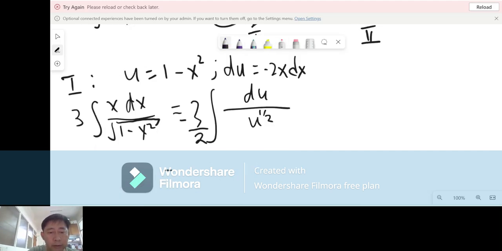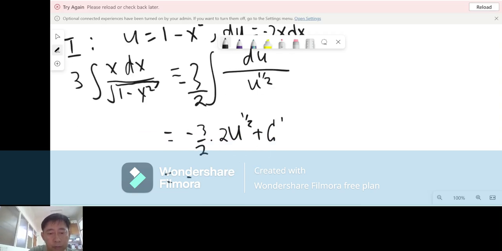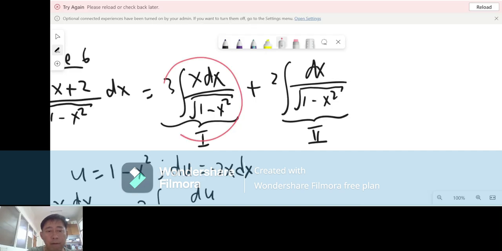This will take us to minus 3 over 2 times u to the power of half with a factor of 2 plus an arbitrary constant, and that reduces to minus 3 u to the power of half plus the arbitrary constant, and we fill in the expression of u, which is 1 minus x squared. So that gives us the first integration.